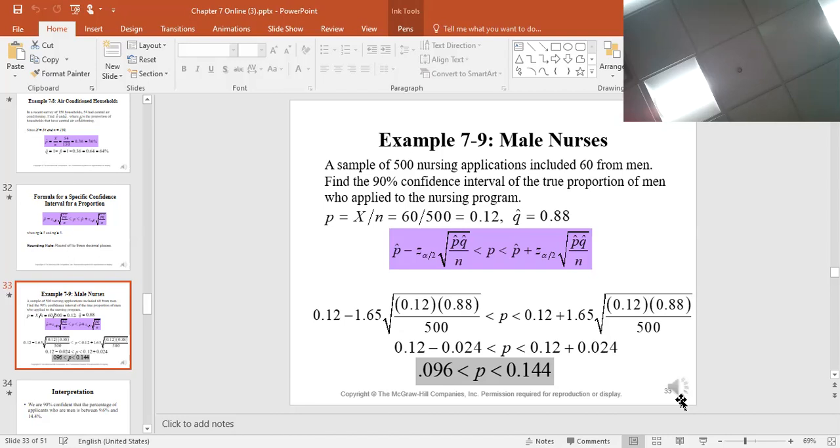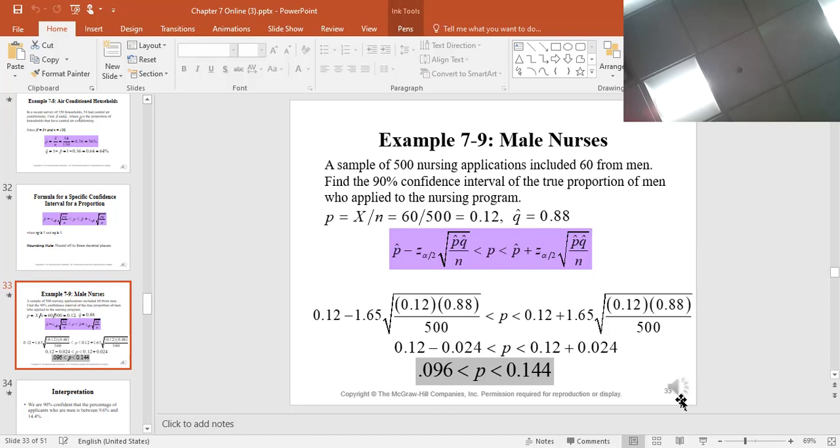Once this 60 is bigger than 5, you just want to subtract it from n to see if what is left is bigger than 5, and you are good to use the Z distribution. n p hat is equal to 60, and n q hat is equal to 500 minus 60, 440. Both are greater than or equal to 5. Now P hat is 60 over 500.